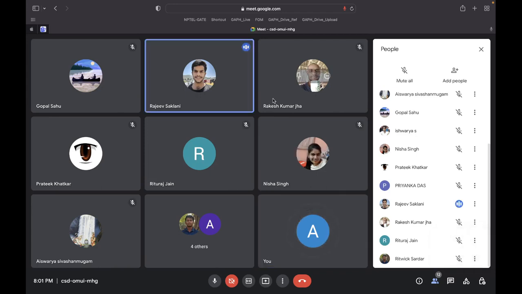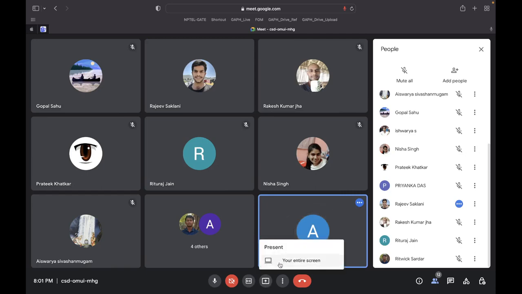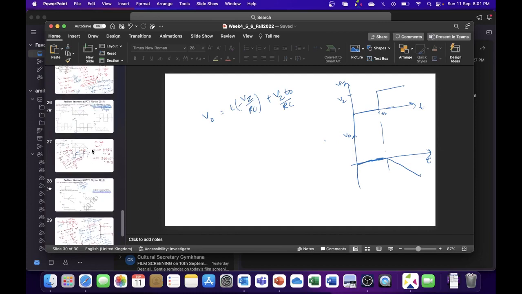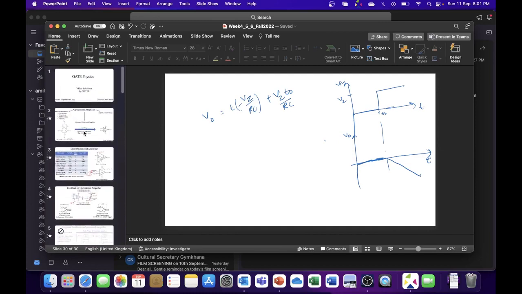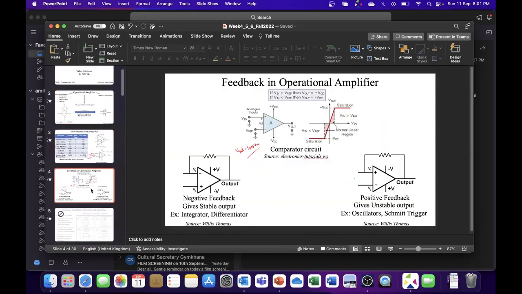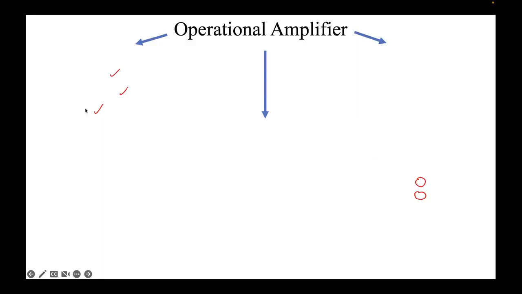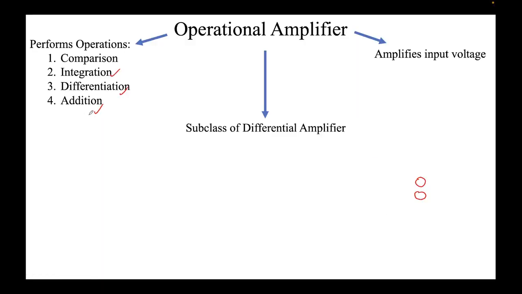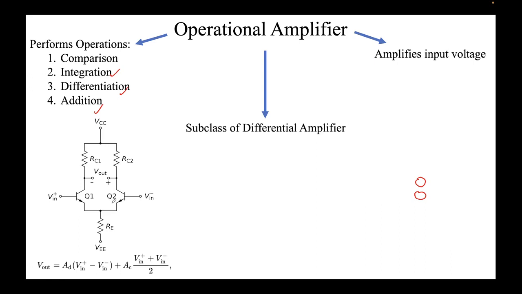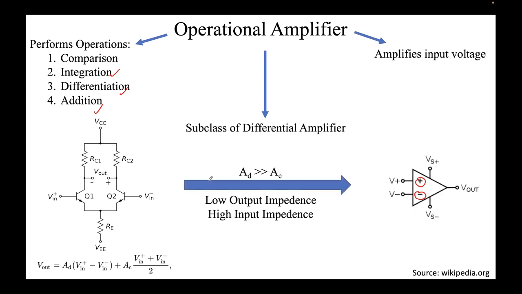Sir, what is the use of saturation voltage? It's not about the use of saturation voltage. It's okay, I'll share again. You see, using this differential amplifier, we created an operational amplifier.